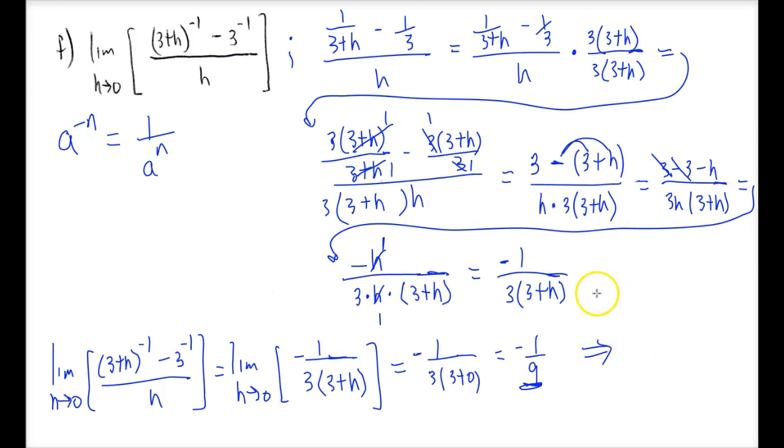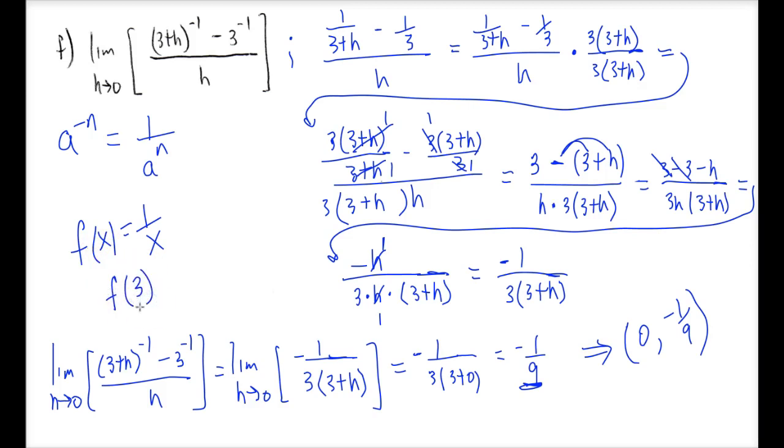And of course, if we were looking at this as a function, we would say, hey, we have a hole at the point 0, -1/9. But what we're actually doing here is looking at a function of 1 over x, and what we're trying to do is figure out what is the derivative of that function at x equals 3, or put another way, what is the slope of the tangent line of this function, 1 over x, when x is equal to 3.